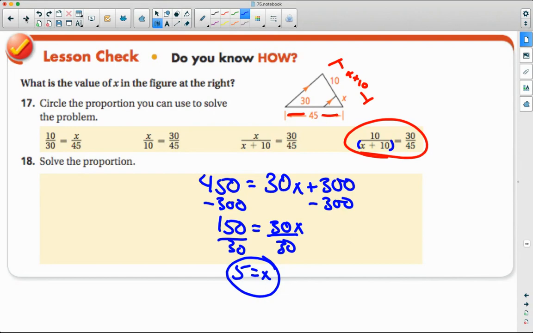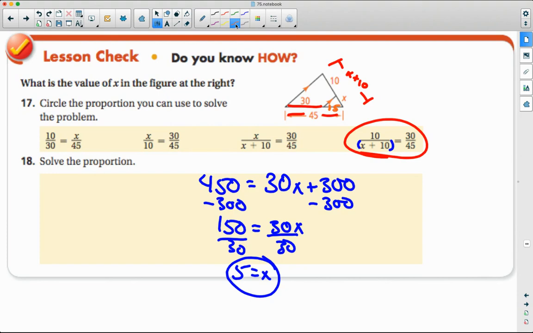Questions with that? All right, another way that you could think about doing this problem is part plus part equals whole, right? So if the whole thing is 45 and this part is 30, then that means that this little part that's left is 15.